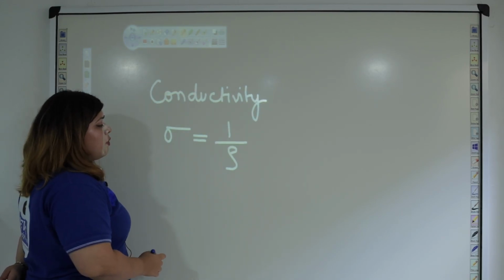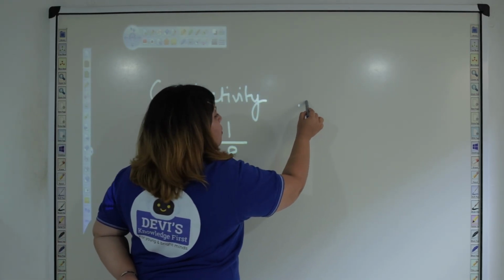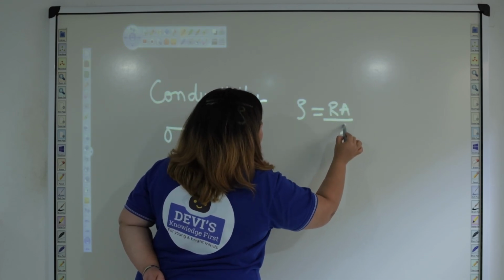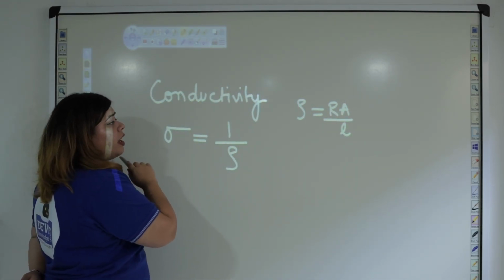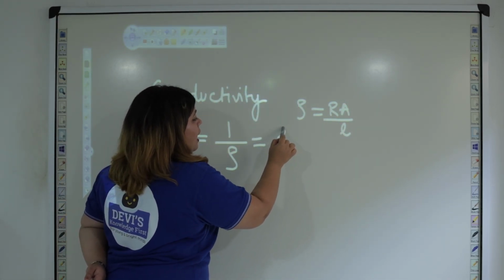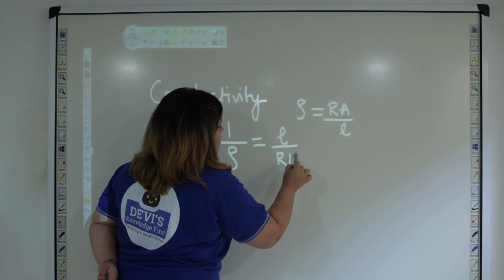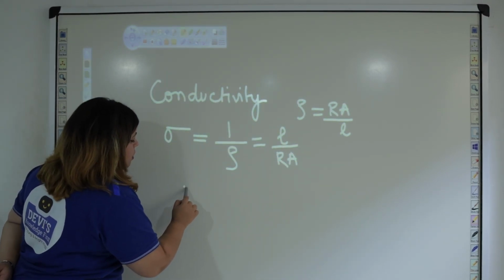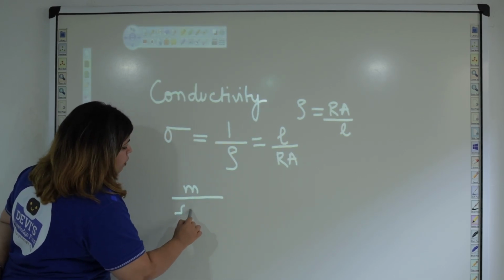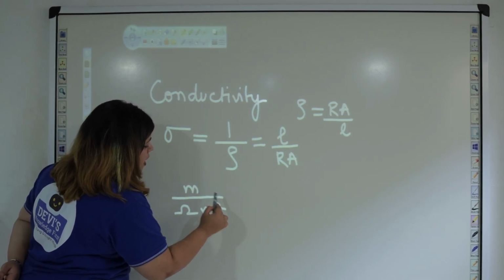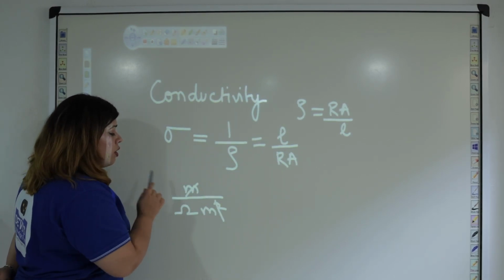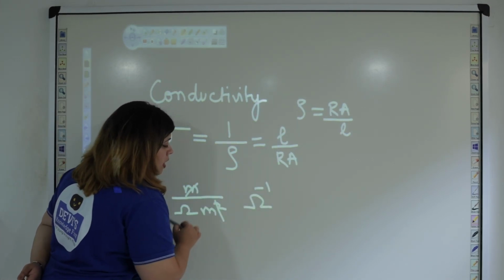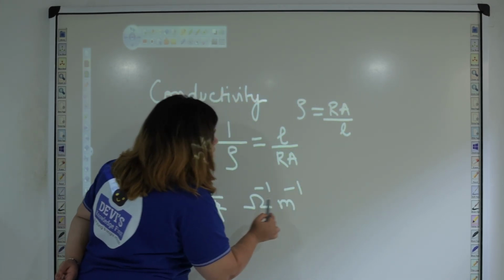Resistivity was R A by L, so conductivity will be L by R A. For its unit, you can say meter over ohm over meter square. So the SI unit will be ohm inverse meter inverse.